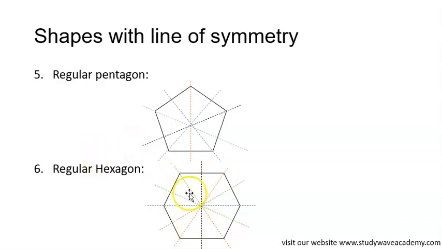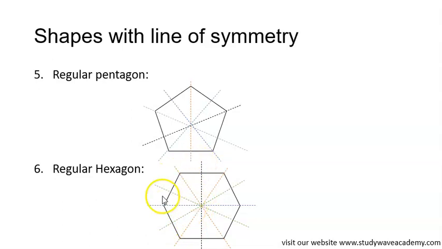Then we also have this. What shape is this called? Hexagon, a regular hexagon. So how many symmetry lines does a hexagon have? 1, 2, 3, 4, 5, 6. A hexagon has 6 symmetry lines.